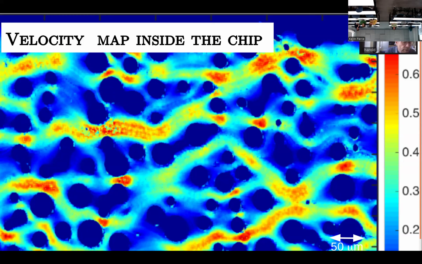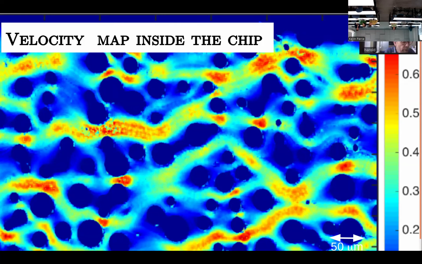And you see you have channels of high velocity. When it's red, the velocity is very high. You see these long channels where the velocity is high. So we have channeling of the flow, like it's usually observed in porous media.